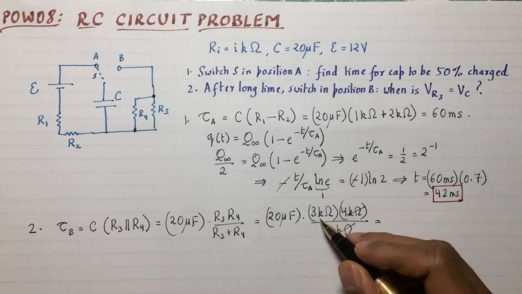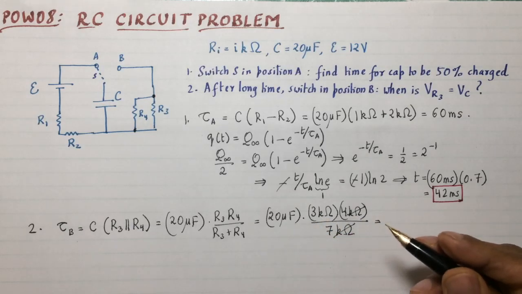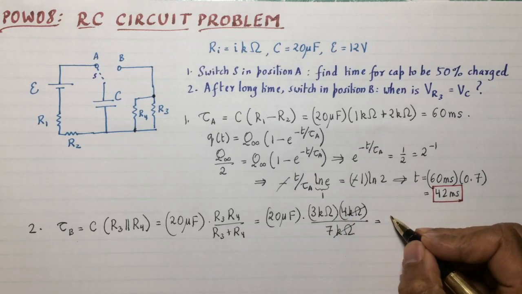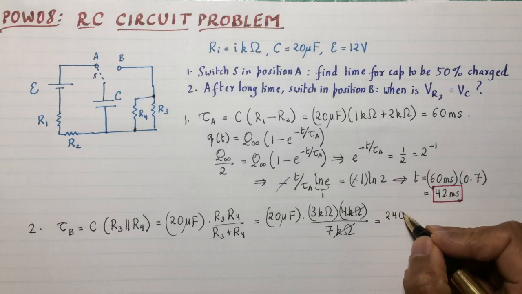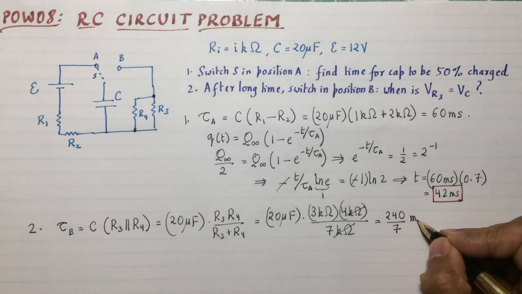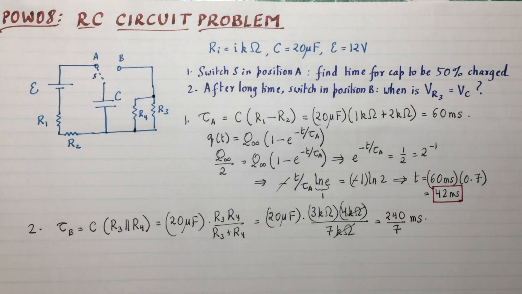As before, kilo and micro interact to produce milli. This is 12 divided by 7 times 20. So that's 240 over 7 milliseconds. I'll just leave it like that.